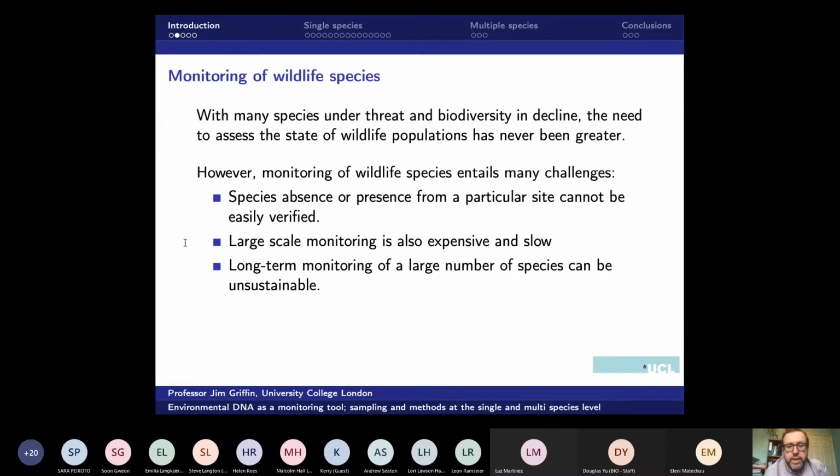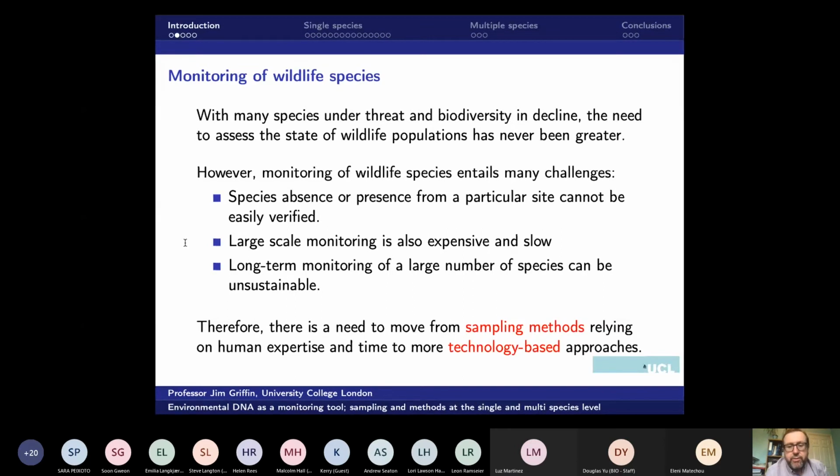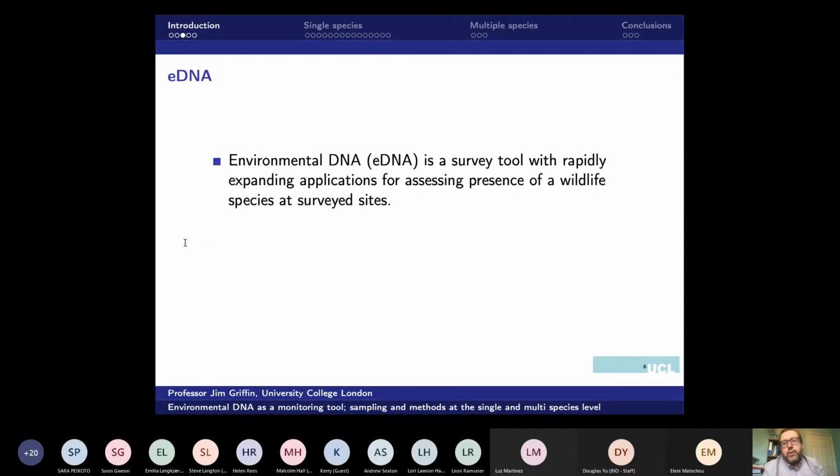Also, physical monitoring, counting or observing animals, can be very challenging, time-consuming and expensive. To scale up to large numbers of species, we would need some kind of remote sensing. eDNA is one example of that, trying to move beyond sampling methods into technology-based approaches.